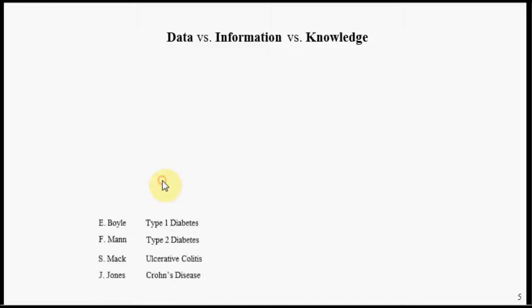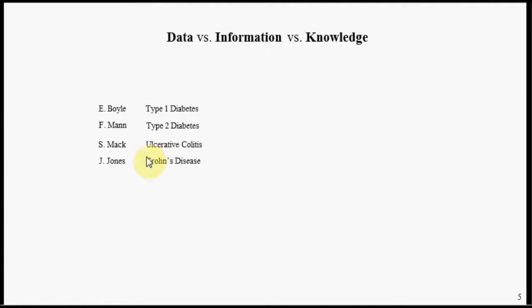Let's look at the difference between data versus information versus knowledge. If I showed you the following, would you consider this to be data or information or knowledge? Well, it turns out it's just data. The reason is that you look at this and it looks like a column of names, because it is something you recognize.